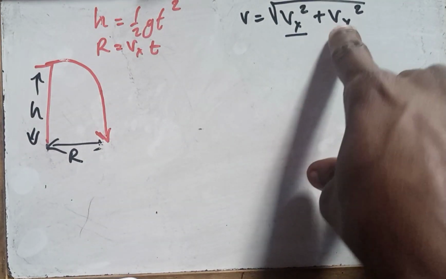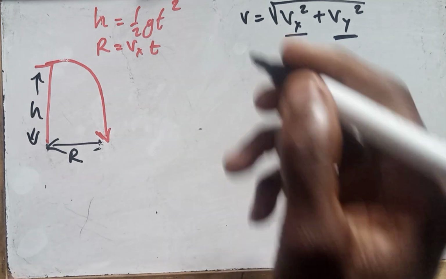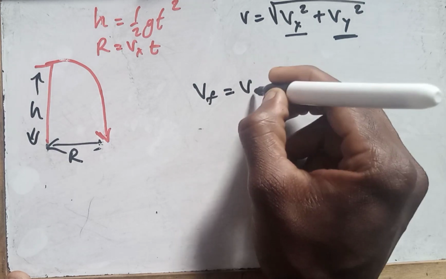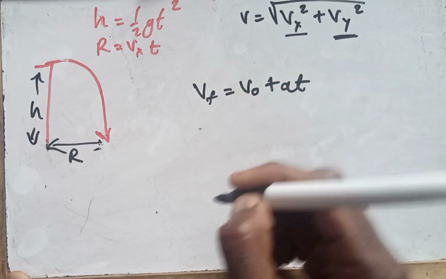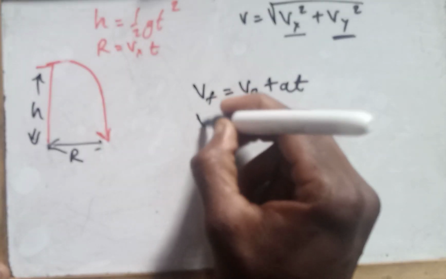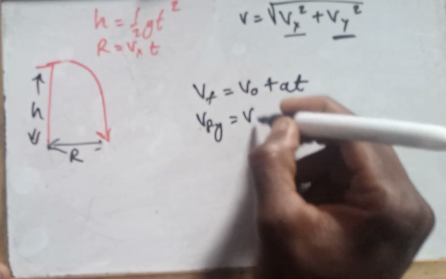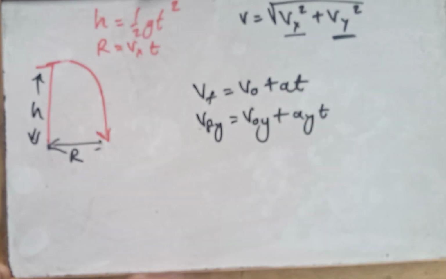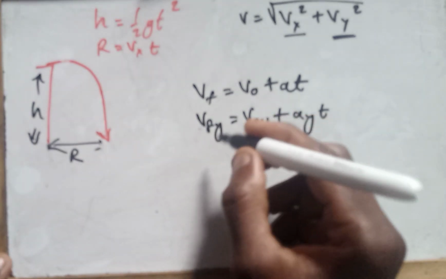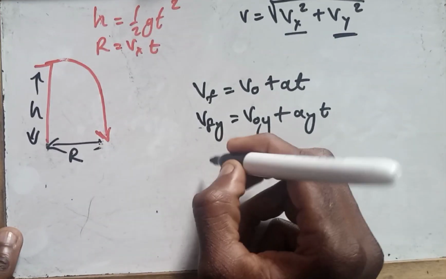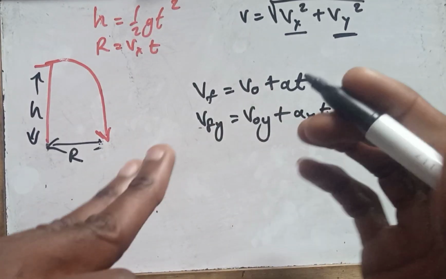To calculate the velocity in the y-axis, we use the formula v final is equal to v initial plus at. Writing this in the y-axis, v final in the y is equal to v initial in the y plus acceleration in the y times t. The v final in the y-axis is the final velocity before the ball hits the ground, which is what we are looking for.